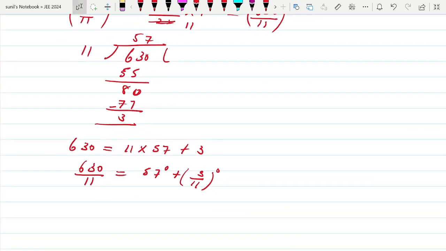But we know that 1 degree angle is equal to 60 minutes.